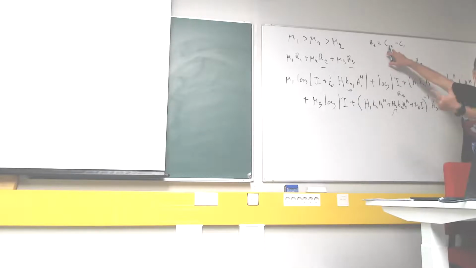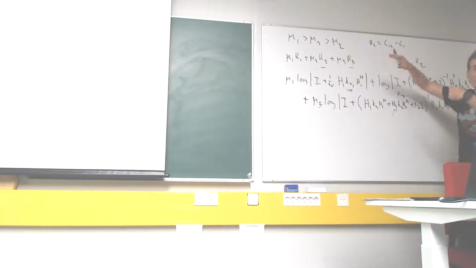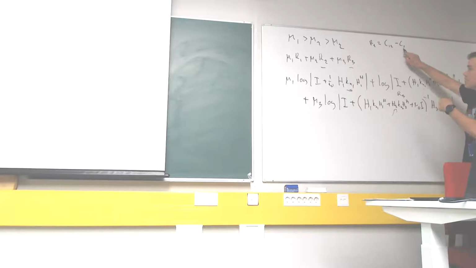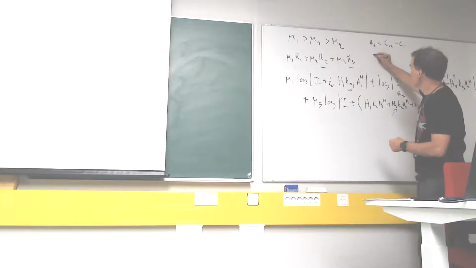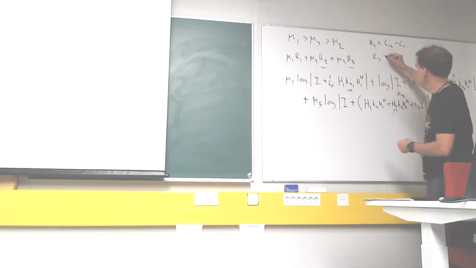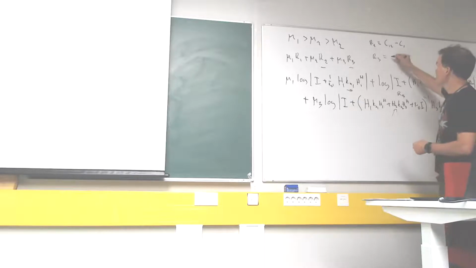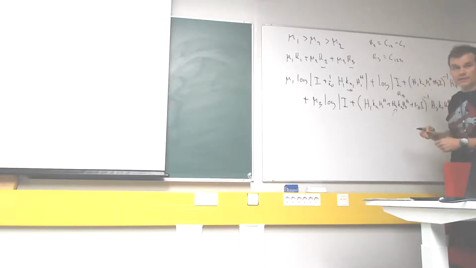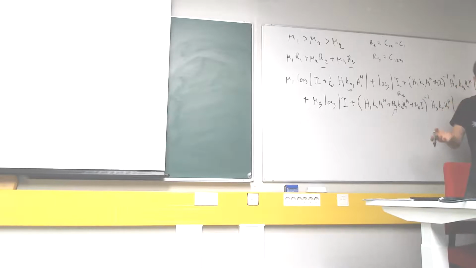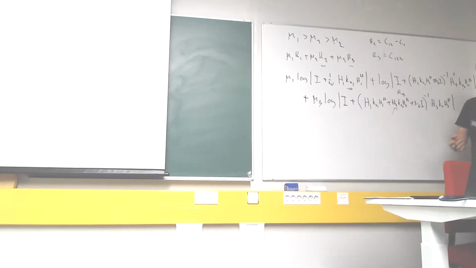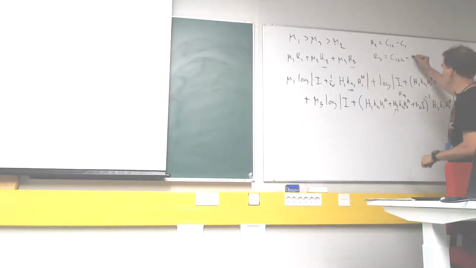So after user 3 is removed, the sum capacity of users 1 and 2 is given by this expression, and then we remove the interference-free capacity of user 1 from the sum capacity of 1 and 2. And similarly, for R3, we can write it as C123, the sum rate of all users, minus the sum rate of 1 and 2.